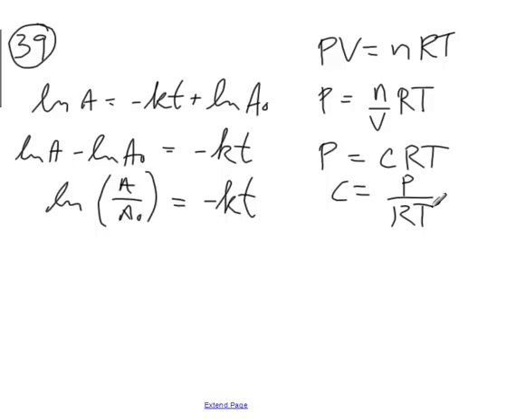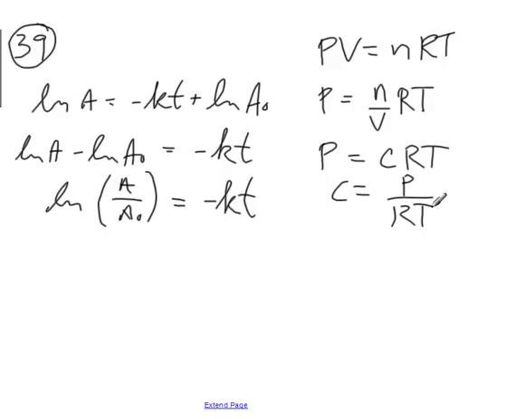And you could replace A0 with P0 over RT. Right? And what's going to happen to the RTs in that situation? They'll cancel out. And what will be left is natural log of P over P0.